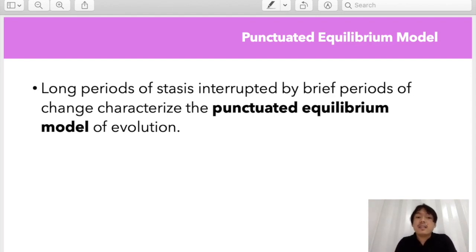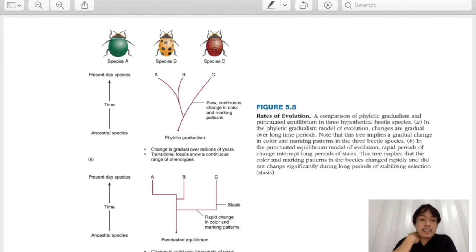Like in this example, we have 3 species of bugs. Rates of evolution, a comparison of phyletic gradualism and punctuated equilibrium in 3 hypothetical beetle species.